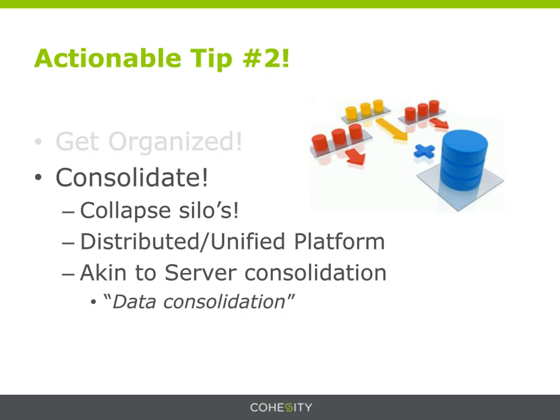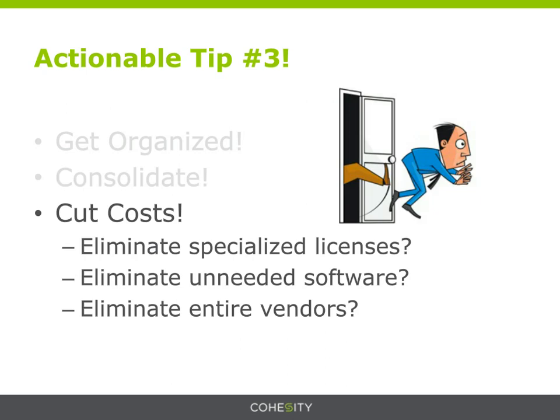All right. And lastly, tip number 3, cut costs. This is where it gets really fun for your business. As you consolidate more and more, as you'll remember if you went through the server consolidation side of the world, you probably ended up with 3 or 4 big hosts and a ton of servers that got sent to a graveyard.